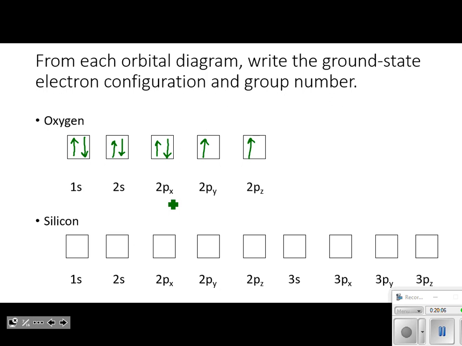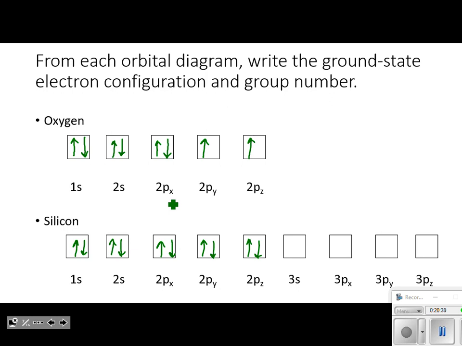So when I'm adding 14 electrons for silicon, I know I have an up and a down. I have an up and I have a down. Now here, remember, I've got to go up in every one of the P's before I can go down. How many electrons have I represented now? 2, 4, 6, 8, 10. Right?